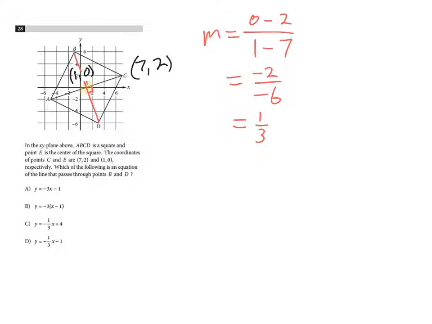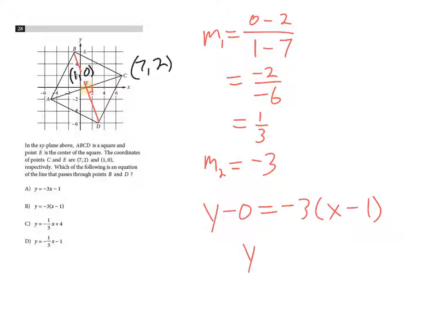So the new slope, slope 2, would be negative 3. Since we have a point at E, I can go ahead and write the equation for that line in point slope form. y minus y1, which is 0, equals slope times x minus x1, which is 1.